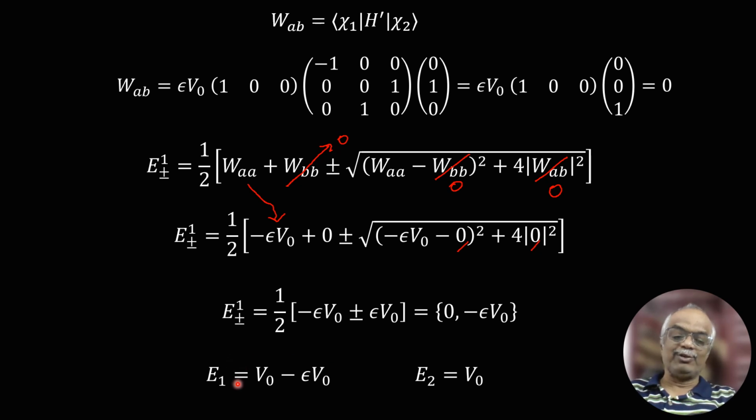So energy level 1 is v naught plus the perturbed correction, minus epsilon v naught. The energy level 2 is v naught plus 0, that is v naught. So we have solved it, and this is exactly matching with our section B and C.